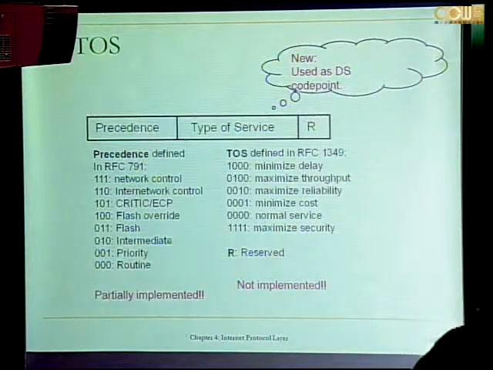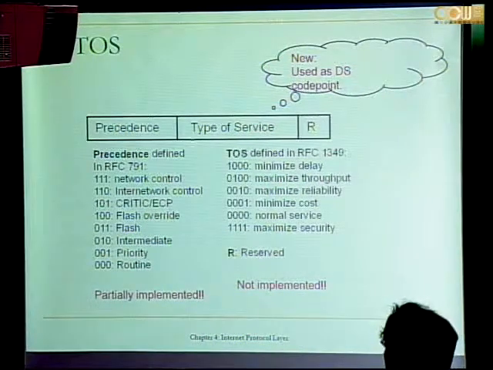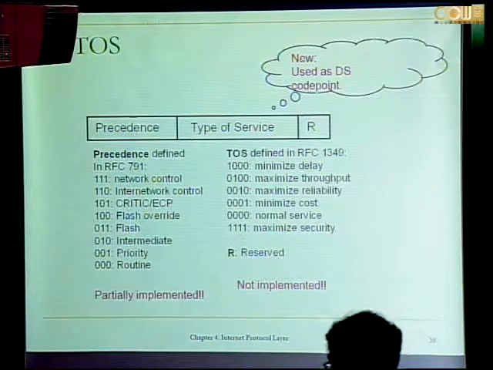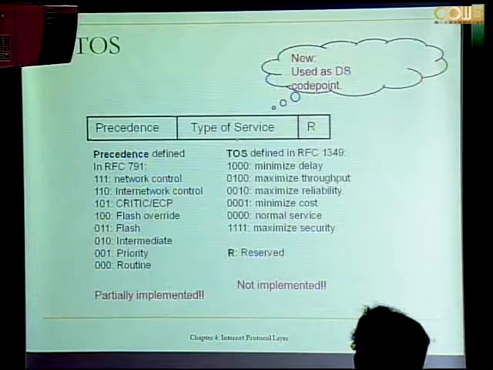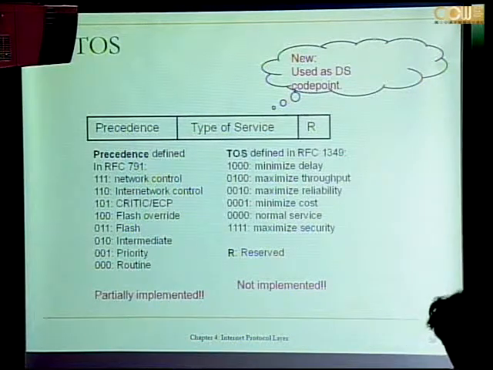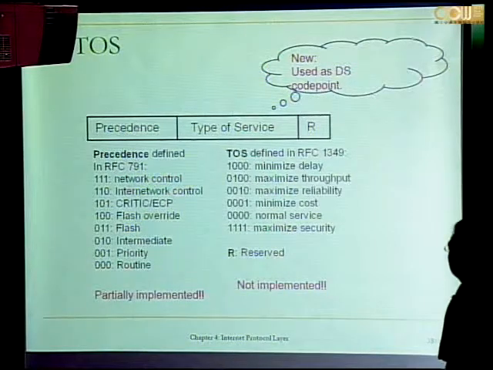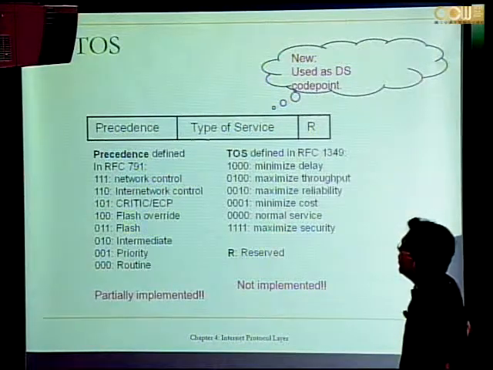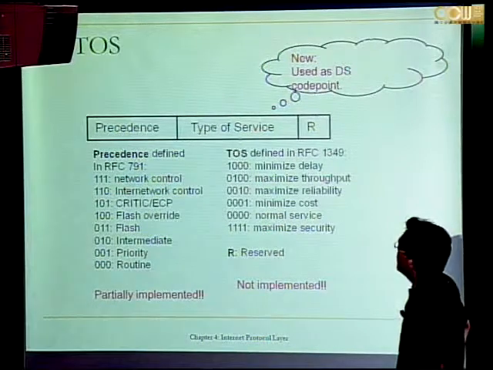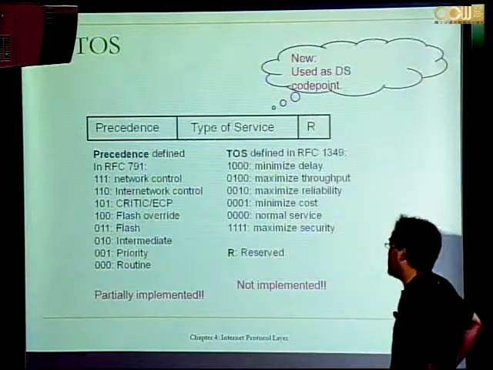In Chapter 7, they try to use this field, DSCP, differentiated service code point, to differentiate the quality of service that the packet should receive. But even though IETF tried to redefine this to help provide QoS, most routers still do not look at this and do not treat packets differently.